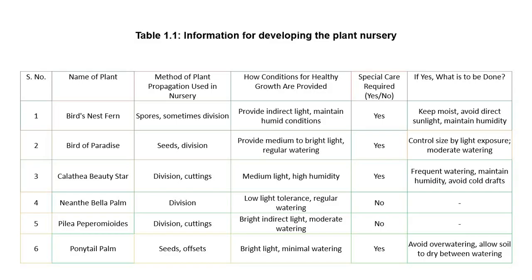Calathea beauty star. Method of plant propagation, division or cuttings. Conditions for healthy growth, medium light, high humidity. Special care required, yes. What is to be done? Frequent watering, maintain humidity, avoid cold drafts.